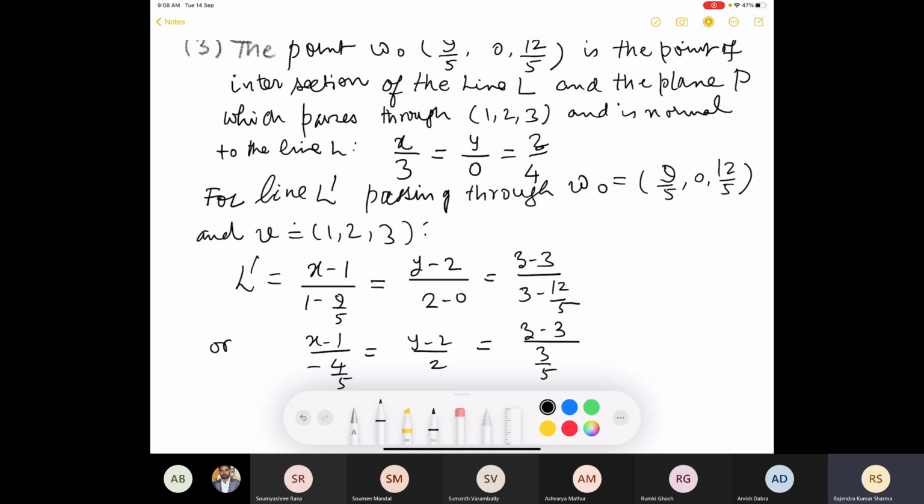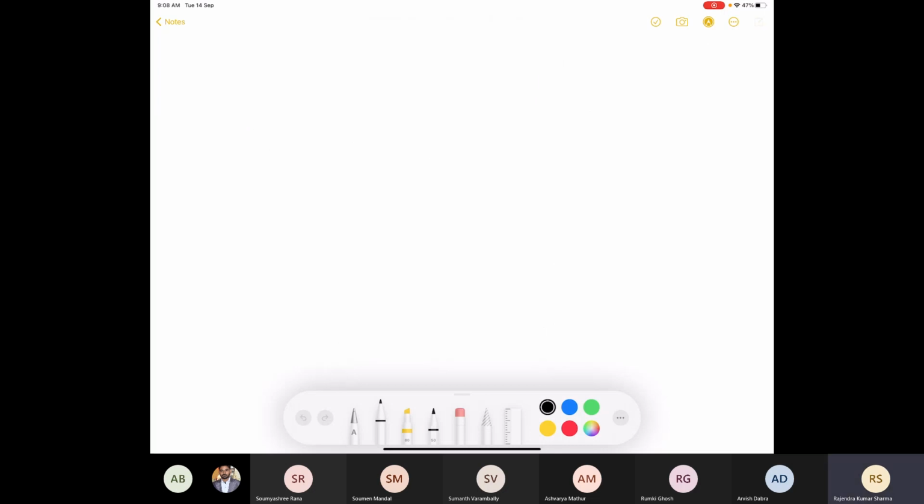Now you can see here the product of the direction ratios.